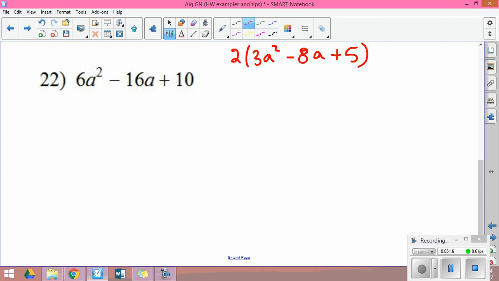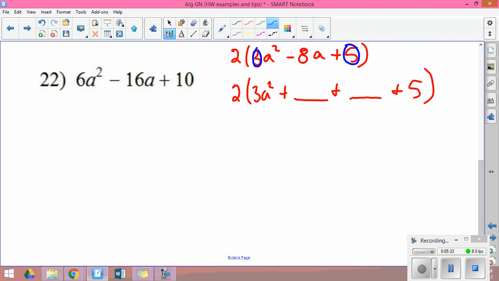So now, how do I rewrite this so that that negative 8 is actually two numbers? Well, I'm going to take 3, that's my a, times 5, 15, and I'm going to write all of the factors of 15 off to the side, and then I'm going to figure out how do I add or subtract them to make negative 8.